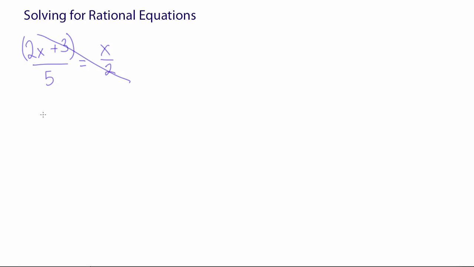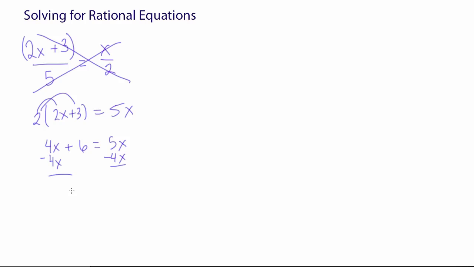And when I cross multiply, we get 2 times 2x plus 3 equals 5 times x is 5x. And then we have to distribute 2 times 2x is 4x. 2 times 3 is plus 6 equals 5x. And again, we subtract 4x here, combine like terms, and we get 6 equals x. Hey, that's great.